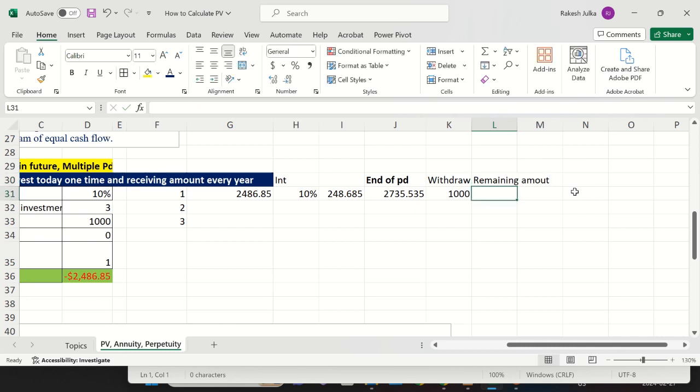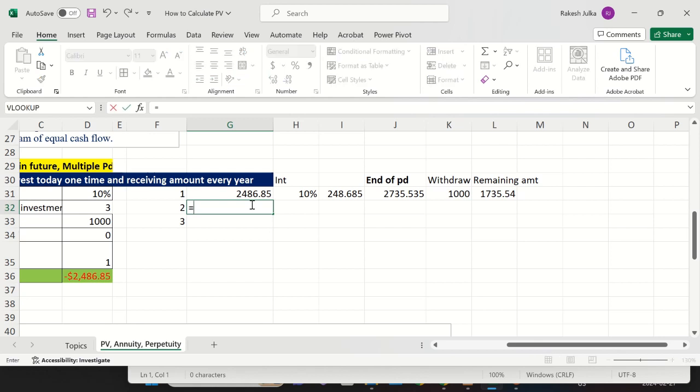So if $1,000 is withdrawn, then what is the remaining amount? The remaining amount will be this amount minus 1,000. So this much money will remain at the end of the first year. It means because of the $1,000 that we withdraw, now this much money remains invested in the bank, for example, and the rate of interest is 10%, that we know, right?